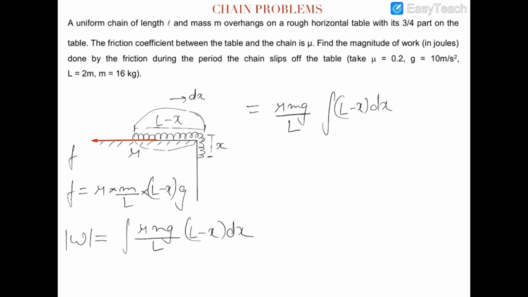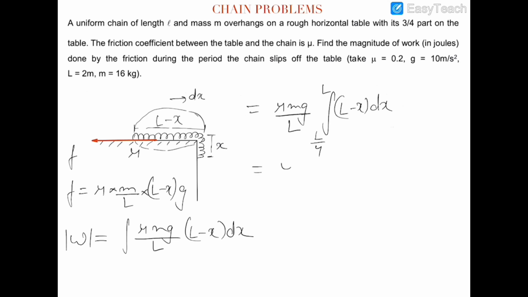Now the limit will be of x, and we know that initially x, the hanging part, was L by 4. So the limit of x will be L by 4 to L. Finally the complete chain would be hanging from the table.